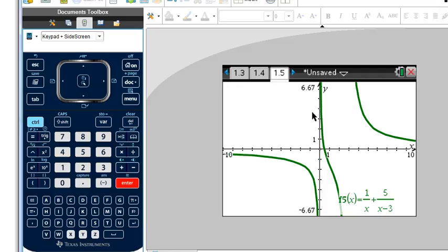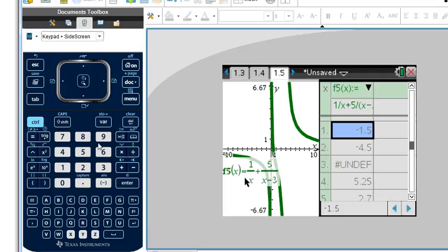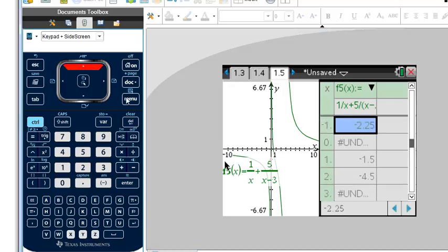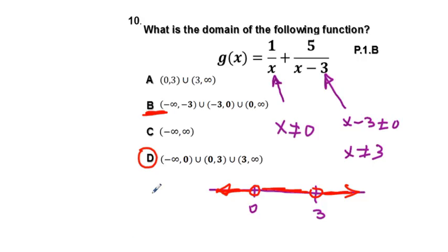See, we have a discontinuity at 0. That's a vertical asymptote. And also at 3. Go to the table view, Control T. We see at 3 we have a discontinuity, and at x equals 0 we have a discontinuity. So 2 discontinuities, and they are located at x equals 0 and x equals 3.